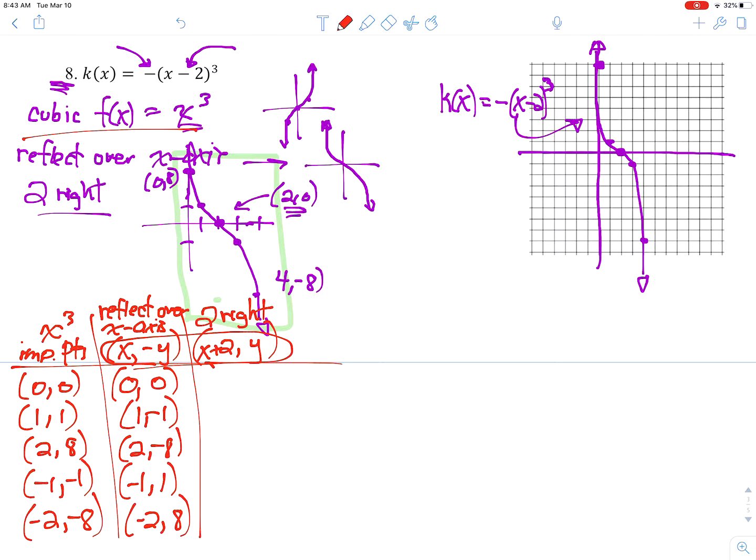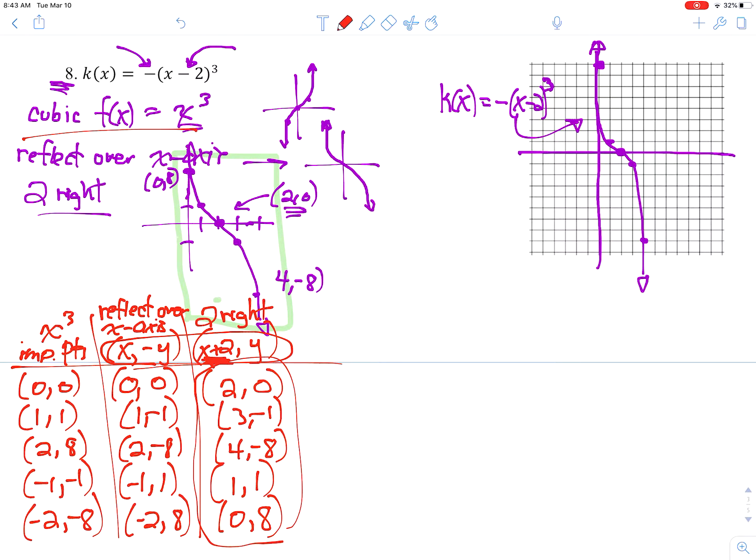I'm just pretending like I'm going to take the x-coordinate and add 2 to what I saw in the previous column, and keep the y the same. So that's (2, 0), (3, negative 1), (4, negative 8), (1, 1), and (0, 8).